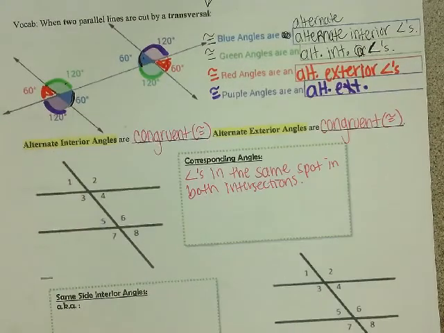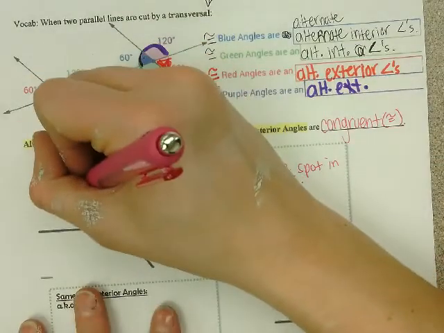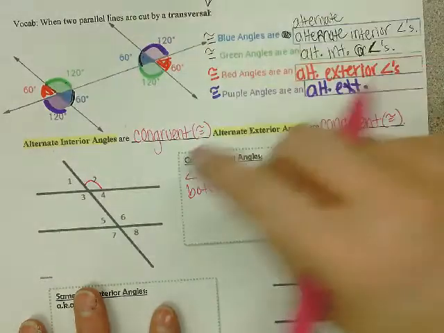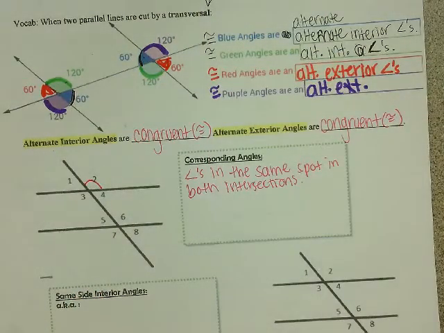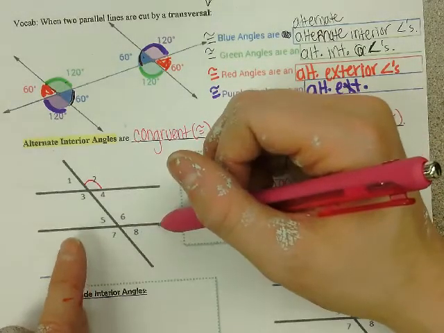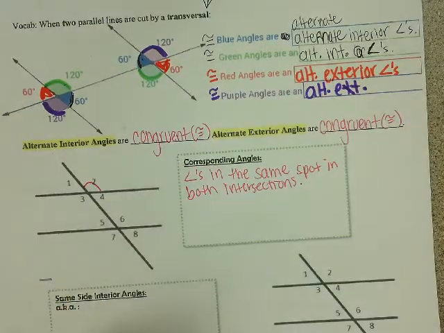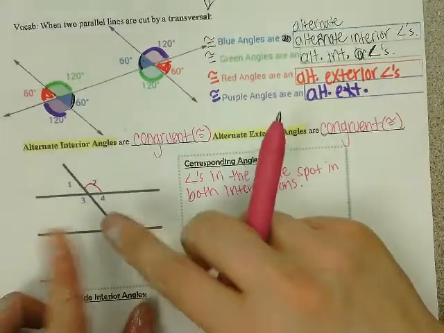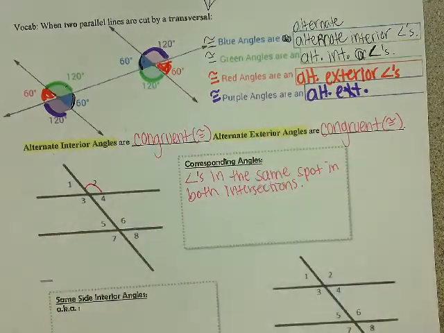So if I look at angle 2, that's the top right angle, right? So if I look down here, I have to find the top right angle. So what angle would that be? Top right angle of the lower intersection. What angle would that be?